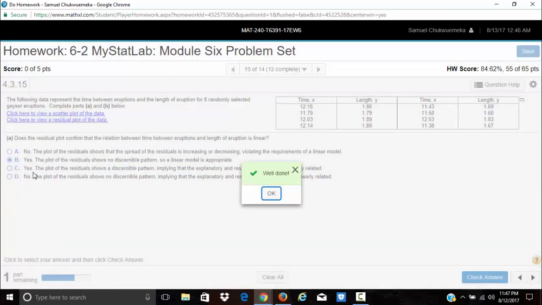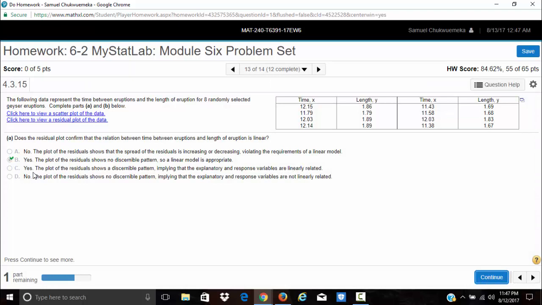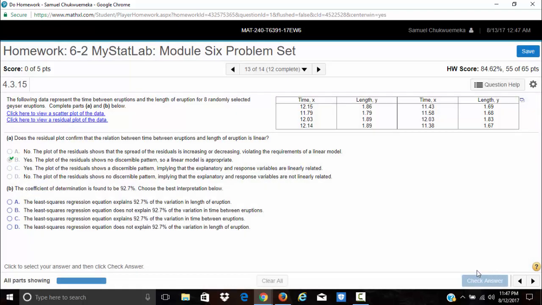B. The coefficient of determination is found to be 92.7%. Choose the best interpretation below. With the coefficient of determination giving us 92.7%, this means that the least squares regression equation explains 92.7% of the variation in length, for the y.